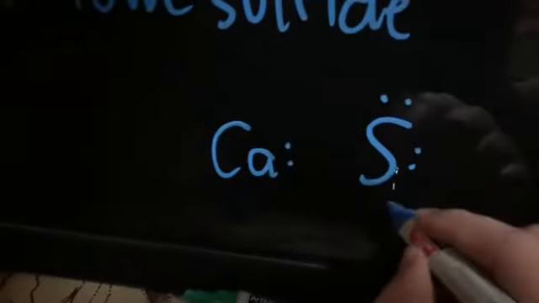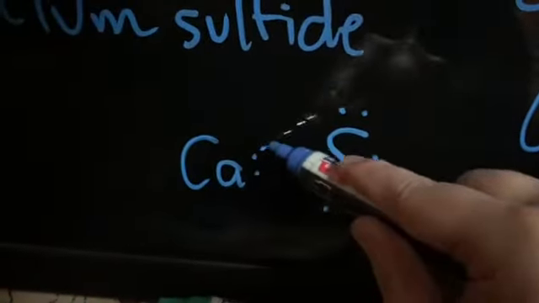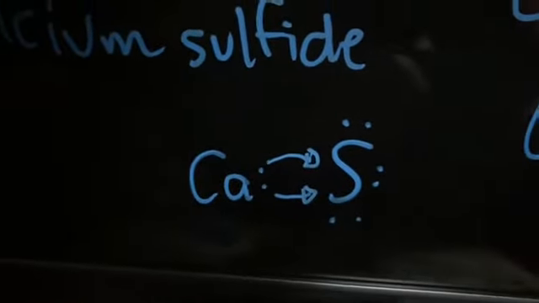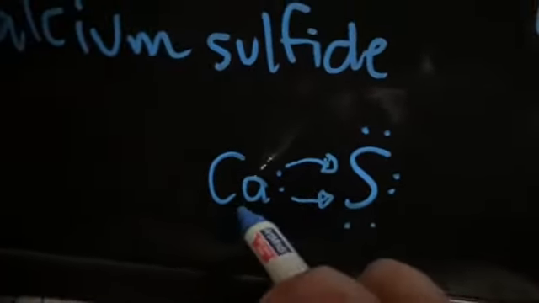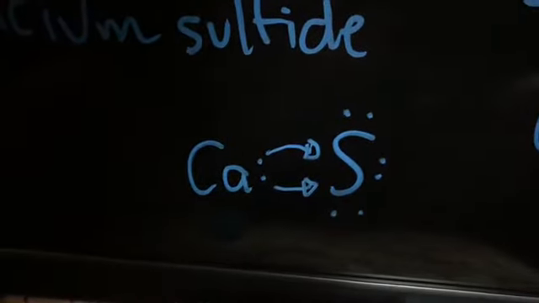And that's because if we were to draw the Lewis dot diagrams, we would see that we only need one calcium and one sulfur to take place in its bonding, like so. So we only need one calcium and one sulfur to make calcium sulfide.